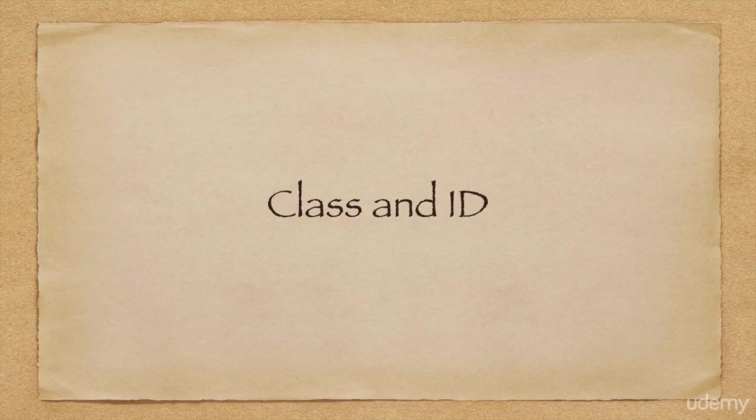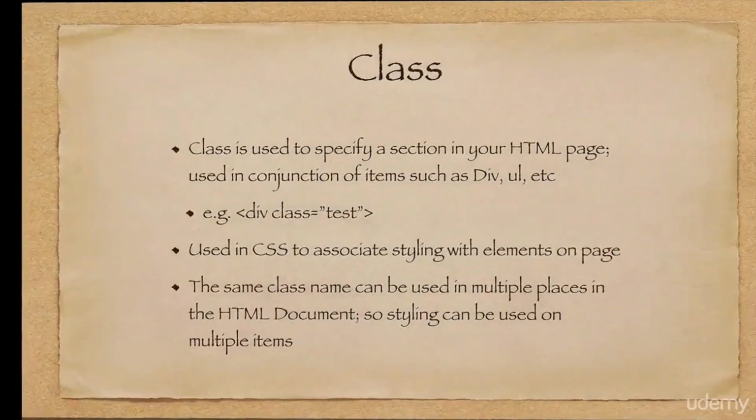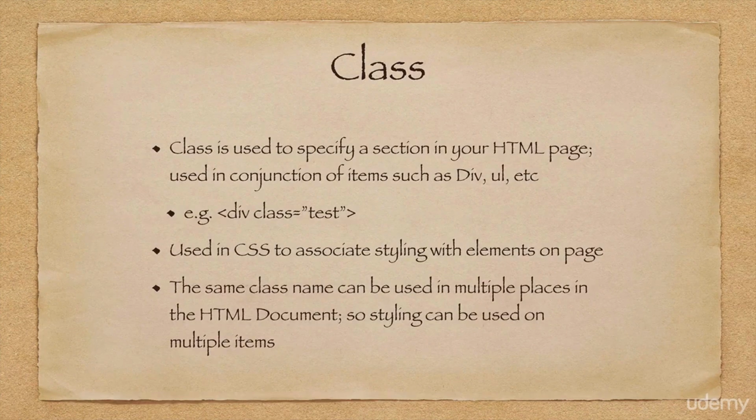So having just talked about divs, it makes logical sense to next talk about class and ID. Class is used to specify a section in your HTML page and is used in conjunction with items such as div, UL, and various other things.